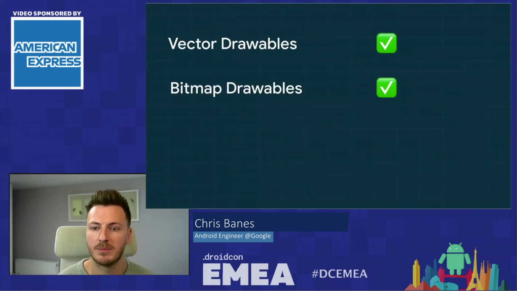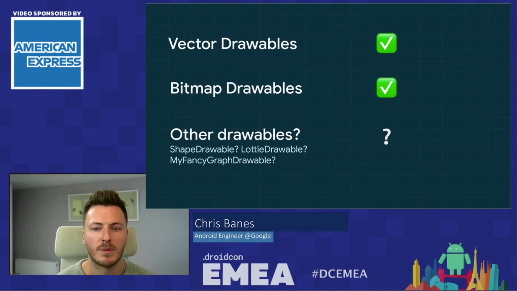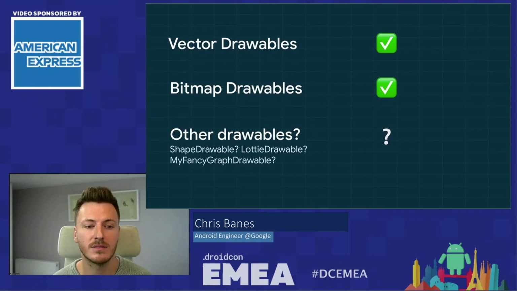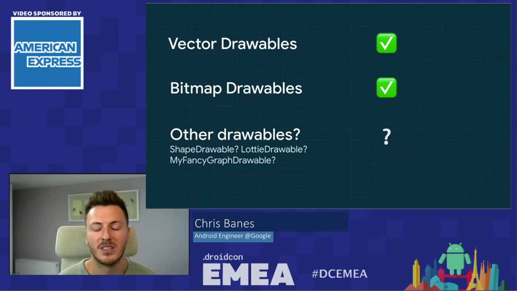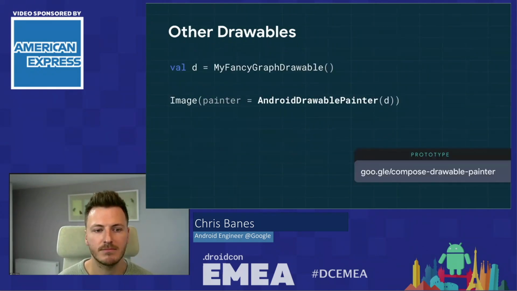So that's vectors and bitmaps we've kind of covered. But what about other types of drawables? You might have Lottie. If you're using Lottie in your app, if you've got these complex animations, you want to use those in Compose, hopefully. And similarly, if you've written a custom graph drawable, some pie chart drawable, it'd be good if you could reuse that without having to migrate at the same time. So we've actually published a kind of experimental tool called Android Drawable Painter.